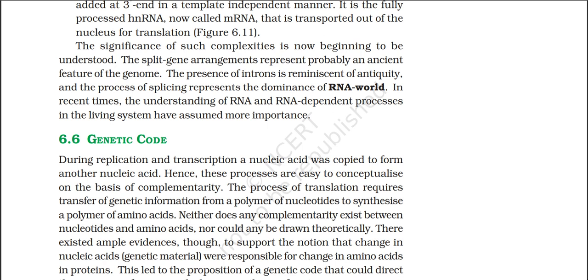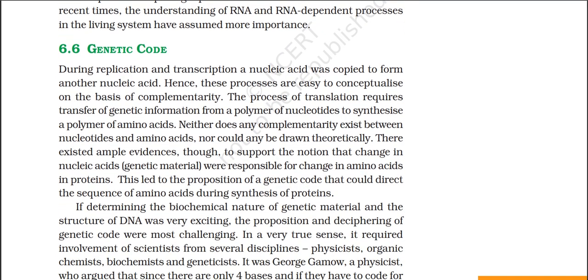6.6 Genetic code. During replication and transcription, a nucleic acid was copied to form another nucleic acid. Hence, these processes are easy to conceptualize on the basis of complementarity. The process of translation requires transfer of genetic information from a polymer of nucleotides to synthesize a polymer of amino acids.